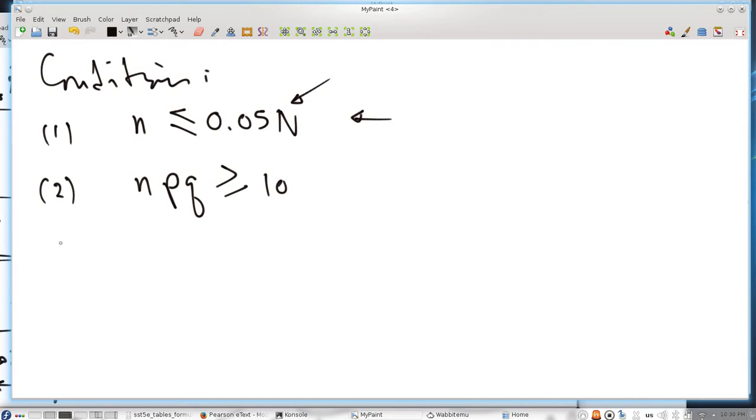The third test condition is that the product of N and P must be at least 5, and at the same time the product of N and Q must also be at least 5.